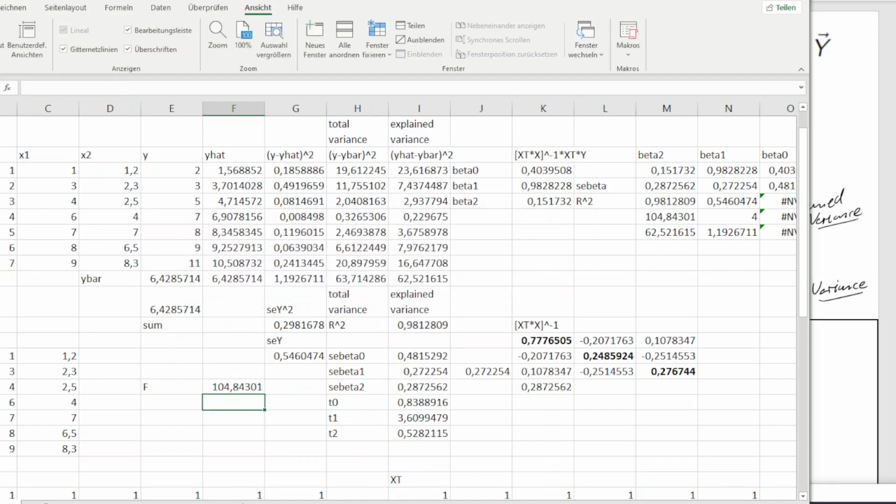Oops, I think one bracket was missing. Well, and if you look at this number here, and we are going up here to the right again, also this number is directly calculated for us. So this is then 104.84.